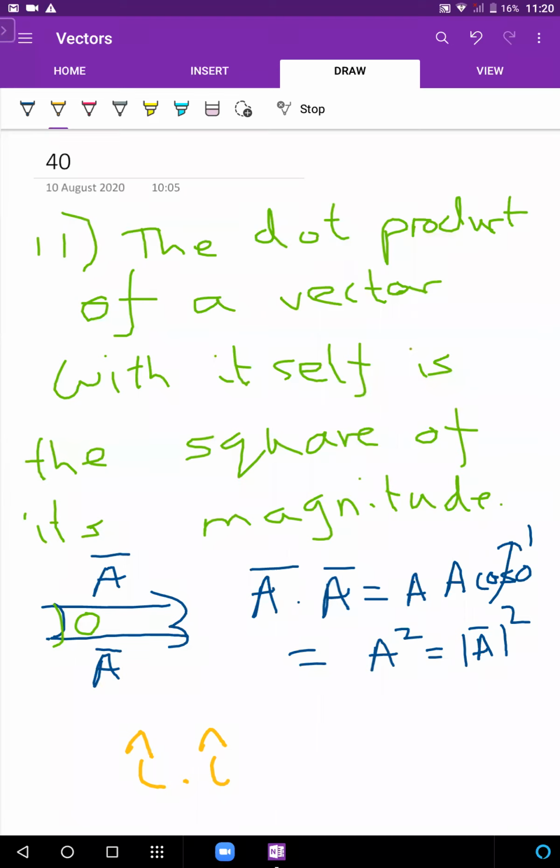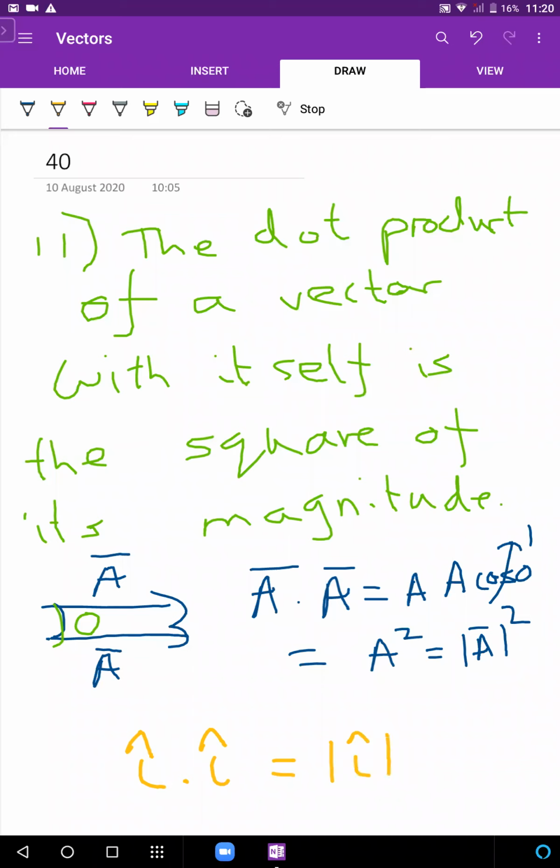Yeah, vector is parallel to itself. What will it give? Everyone is answering the square of its magnitude. I'm so happy nobody said I square. कितने क्लास में यार पूछता हूँ बच्चे I square बोलते हैं बिना ठीक से समझ के. I cap dot I cap will give the square of the magnitude of I cap.